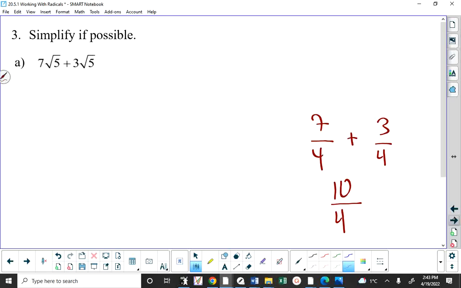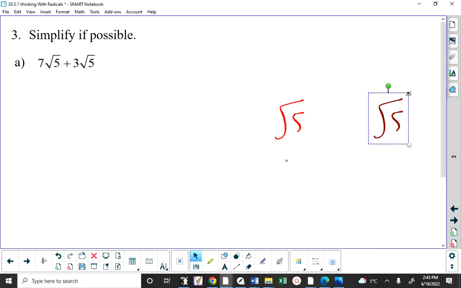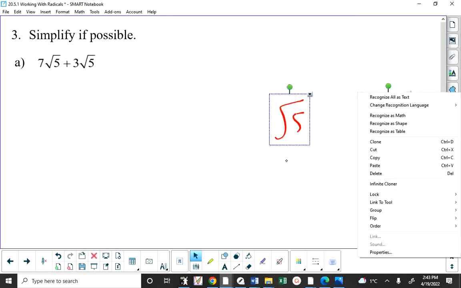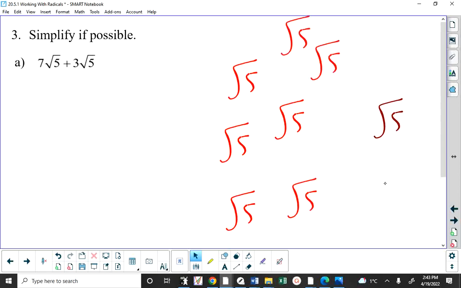So literally what this means is that we have seven of these and 3 of these. You have 7 root 5s and 3 root 5s. Did I count right? So you have 10 root 5s.